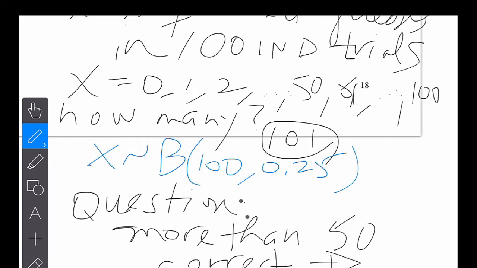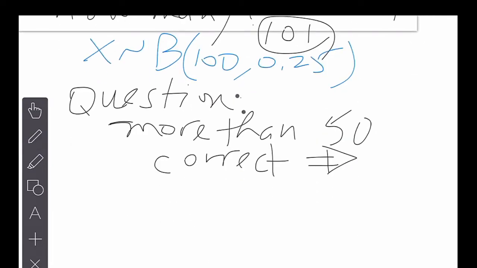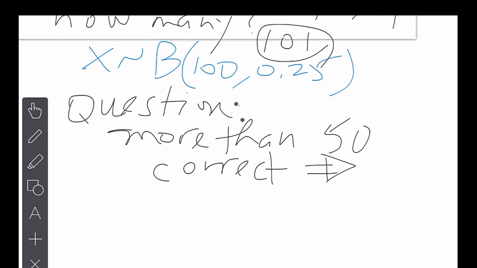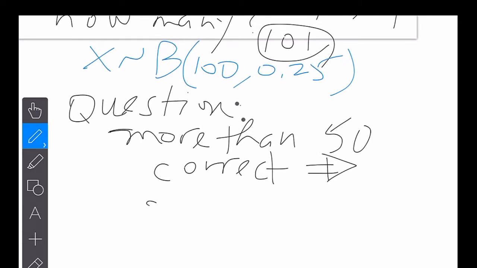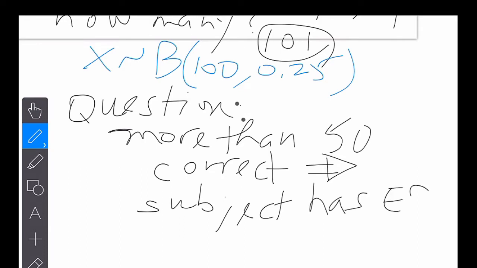This implies that more than 50 correct guesses means the subject has ESP. They can read minds. Okay? Telepathy.